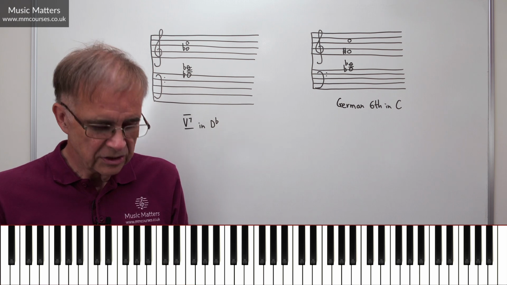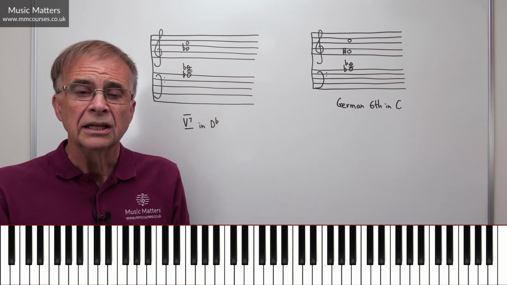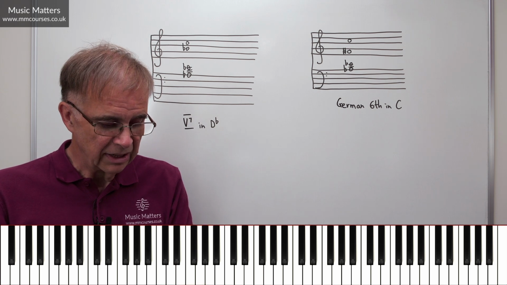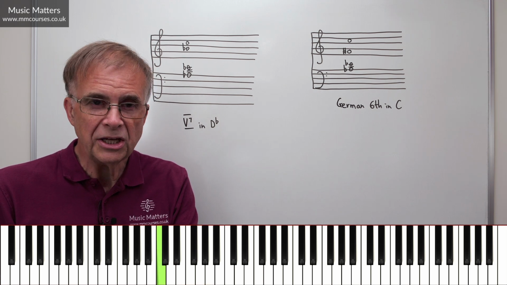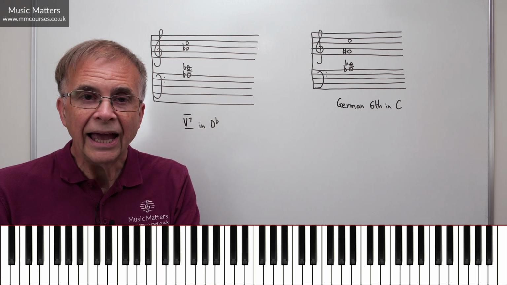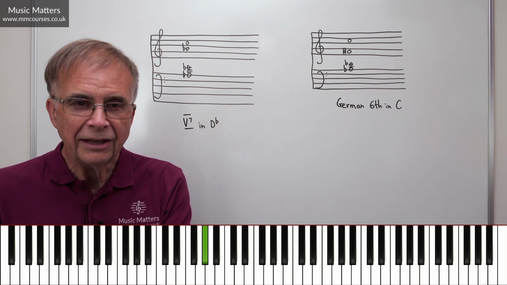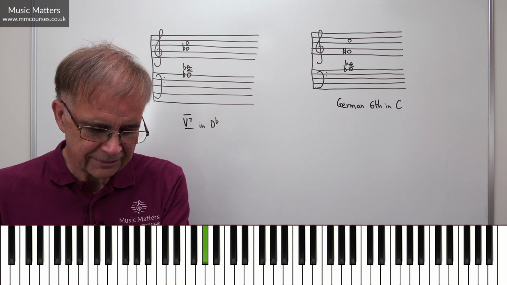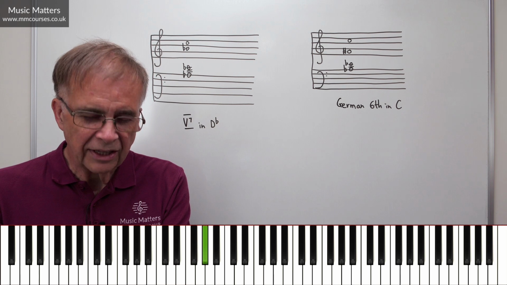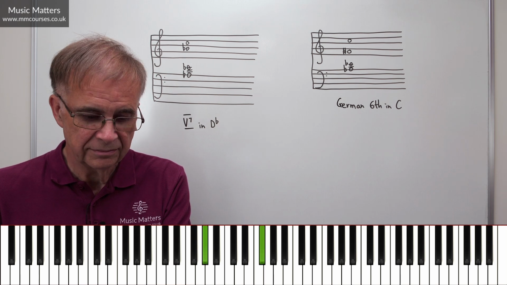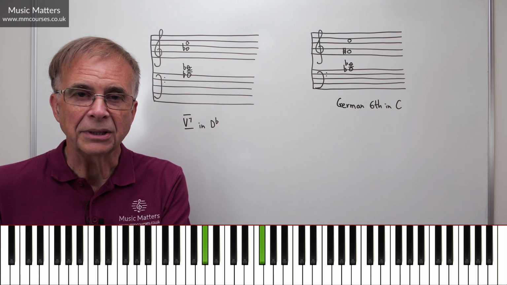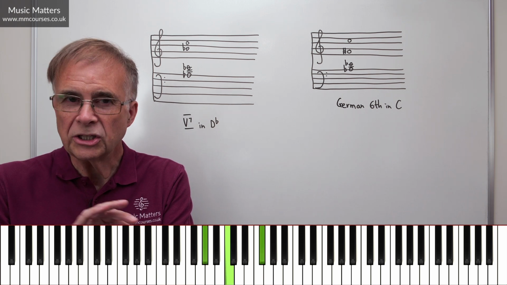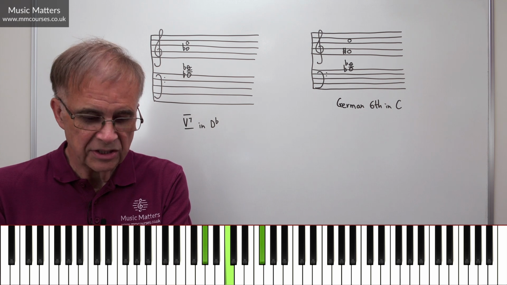In order to form this chord, I find the lowered sixth above that C if I'm in a major key. So I'm in C major, the lowered sixth is A flat. Above the A flat, I'm going to form an augmented sixth. So an augmented sixth above A flat is F sharp. Then I put the tonic in the middle, the first note of the scale, so that's C. And that's the basic generic augmented sixth chord.